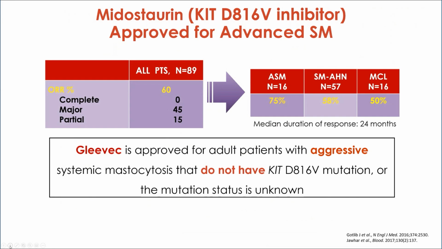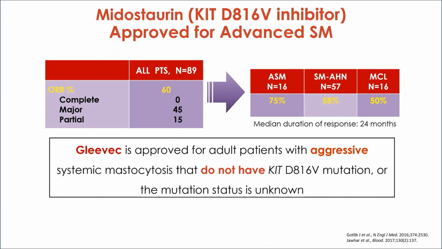But never mind, midostaurin is effective therapy in controlling the symptoms and signs of the disease in many of these advanced systemic mastocytosis patients. Typically it works for about 2 years in clinical studies at least, but it does not provide as much debulking of the disease as we would like. If you look to the left side, complete response is not common at all.